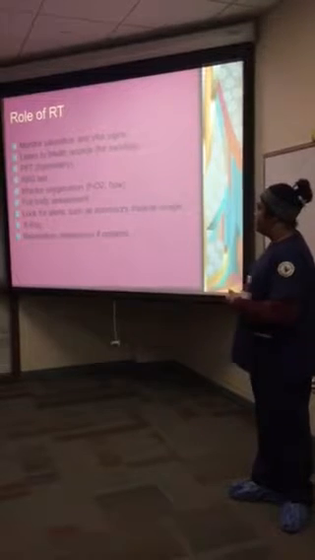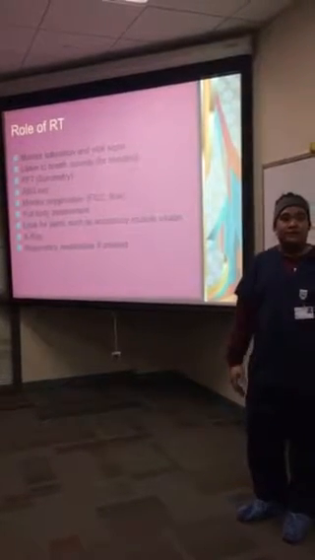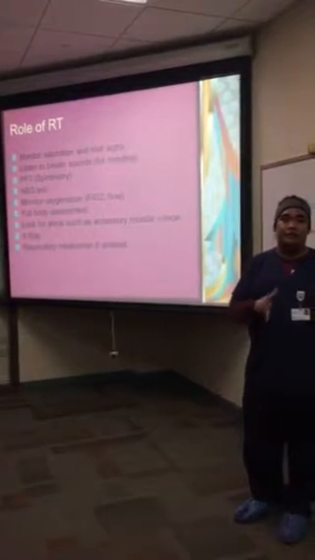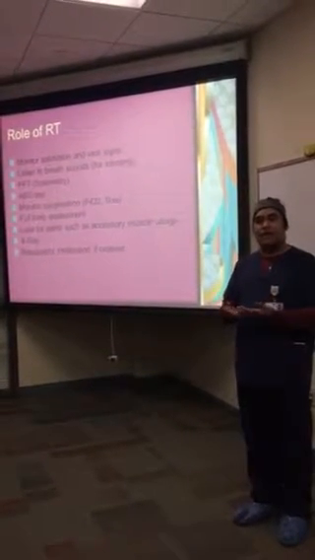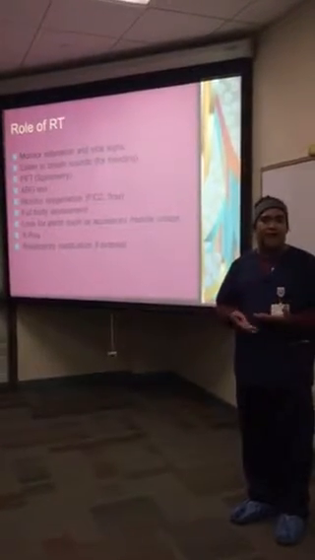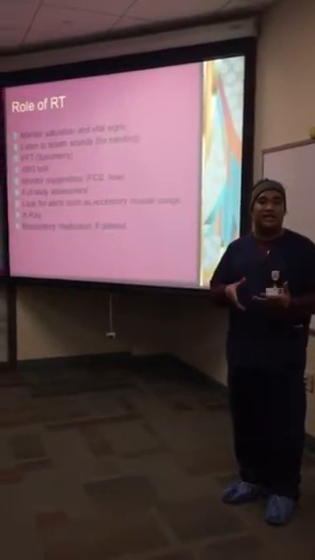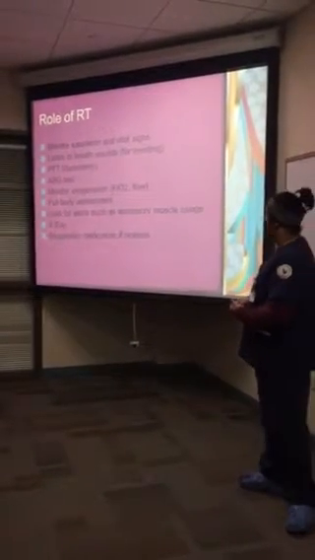We look for alerts such as accessory muscle usage, because that will indicate that the patient is in more distress, and that will lead us to a conclusion that the patient might be having another pneumothorax, or the pneumothorax is not resolved yet.